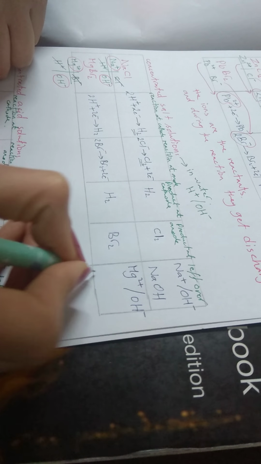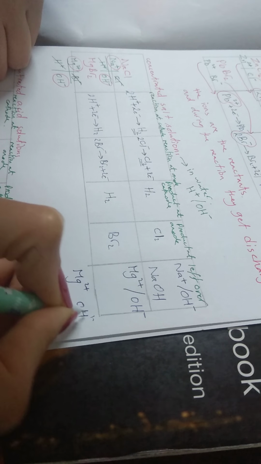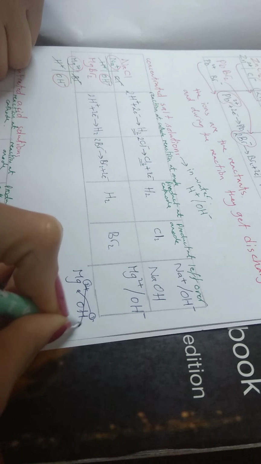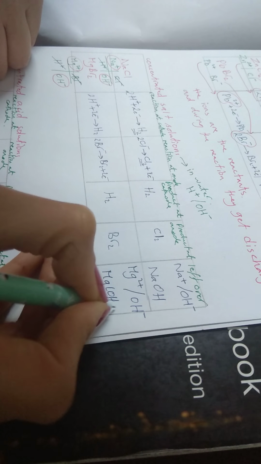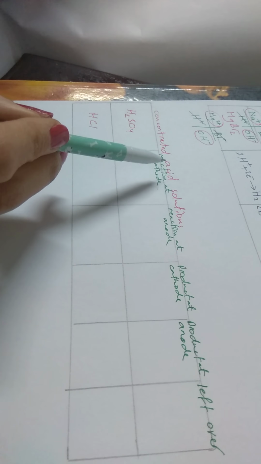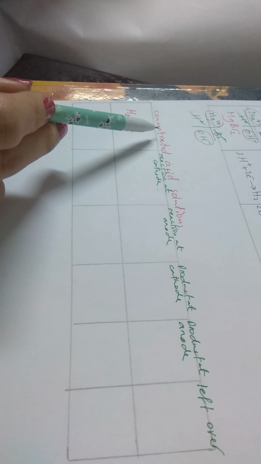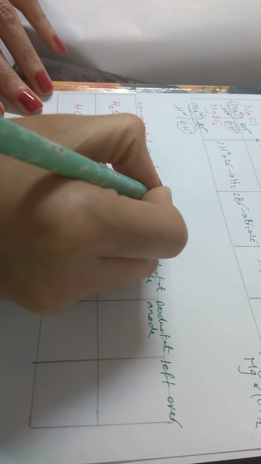Together they will give Mg(OH)2. Now the next is the concentrated acid solutions. So acidic solutions, concentrated. Since they are solutions, also I have water.